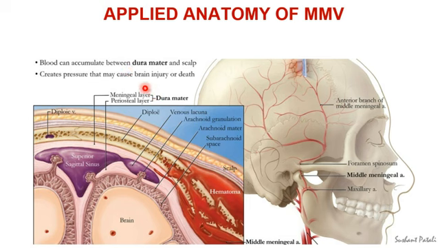As this blood goes on collecting, the pressure on the brain tissue goes on increasing and may lead to irreversible damage. This is a very important aspect of the middle meningeal artery and the associated middle meningeal vein, which we also call the middle meningeal sinuses. The important concept here is that the middle meningeal veins are closer to the bone than the arteries, and the bone that is very much related is the parietal bone.